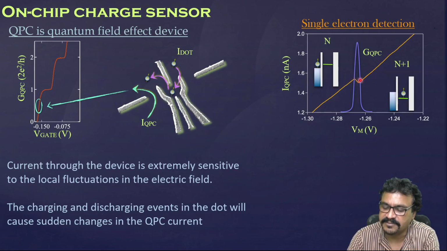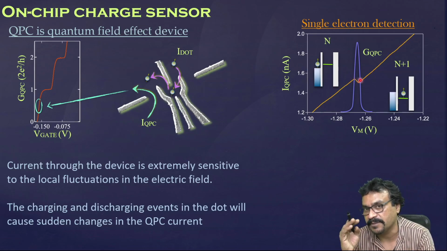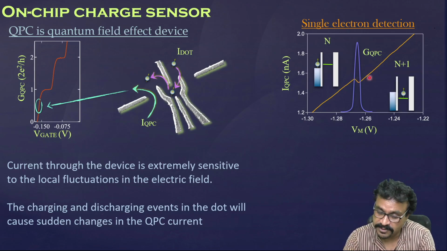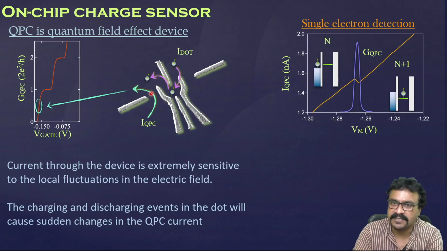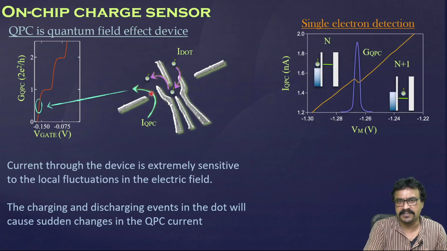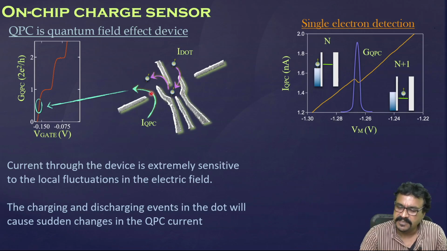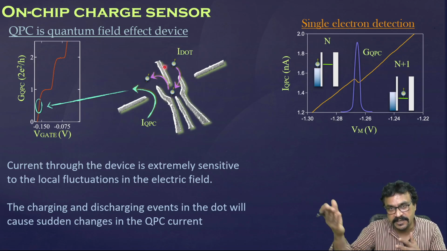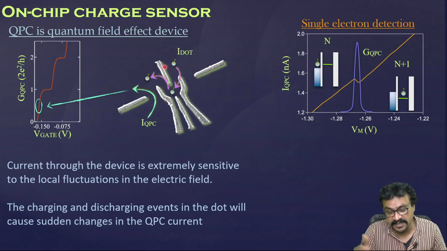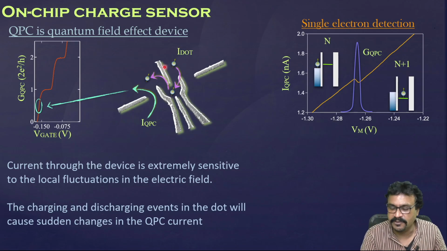It is giving a step. There is a slope to it, that is because of the direct coupling of the gate Vm to this channel, that is going to continuously reduce the current just like another voltage. But a sudden change in the electron number will act like a sudden change in the voltage, okay, on top of the continuous reduction from the gate voltage.